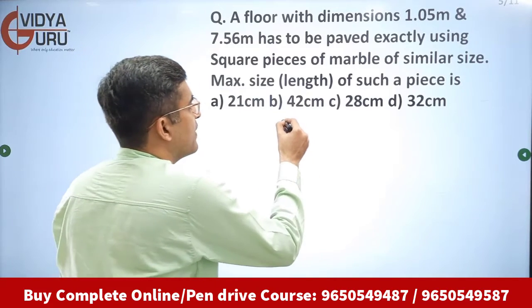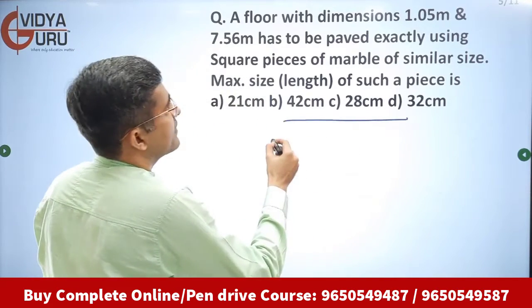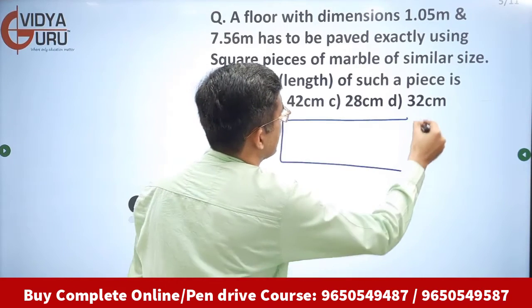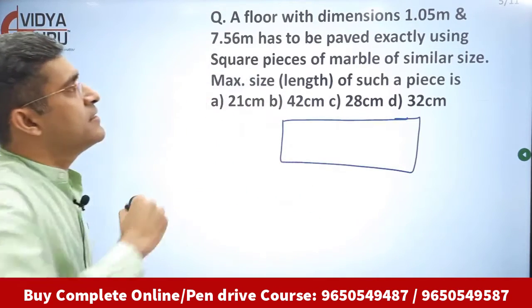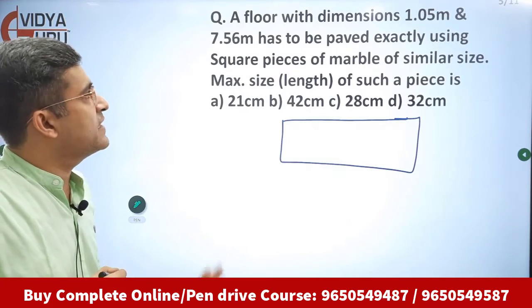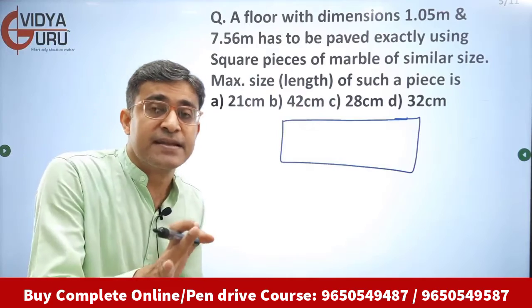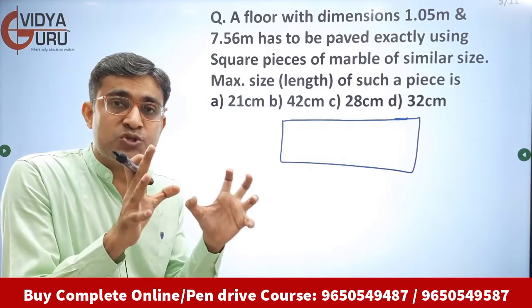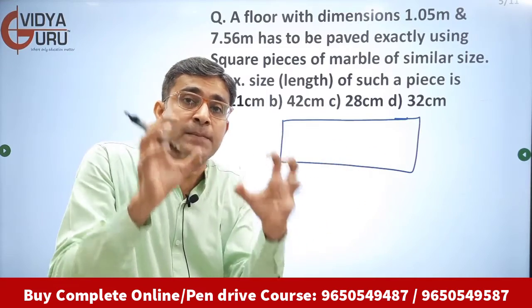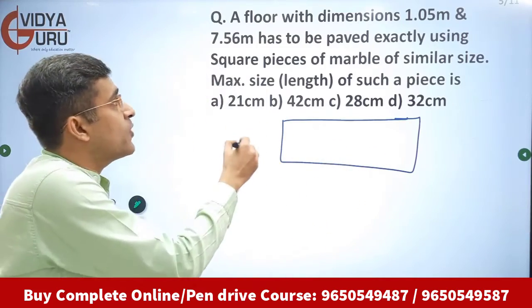We have a rectangular floor which has these dimensions. Sure, the dimensions are 1.05 and 7.56 meters. Now, in this rectangular floor, what are we supposed to do? We have to cover this rectangular floor using marbles. But what is the shape of these marbles?